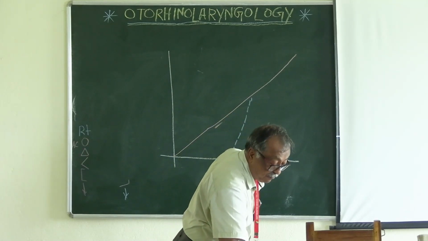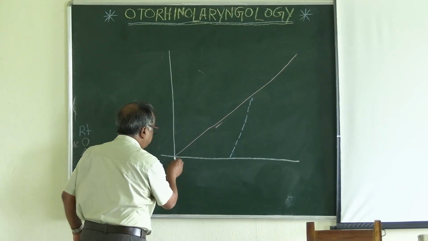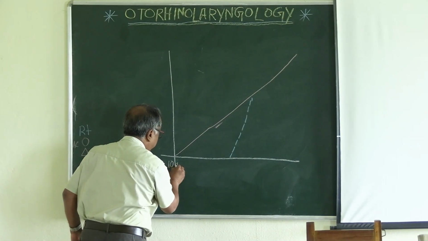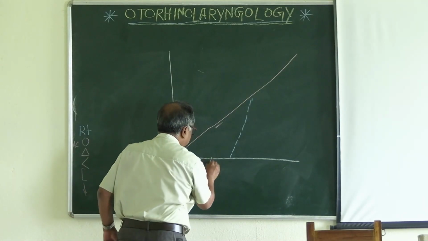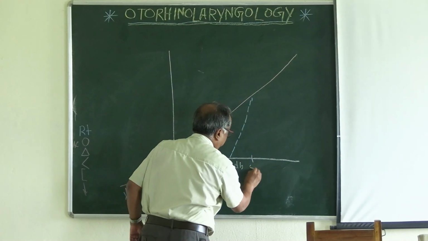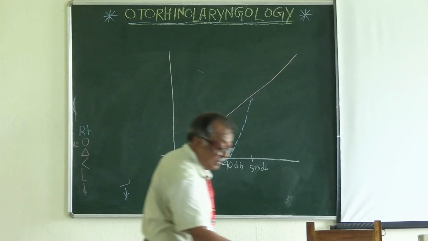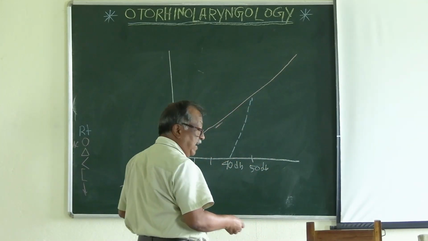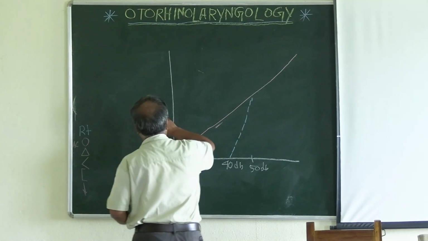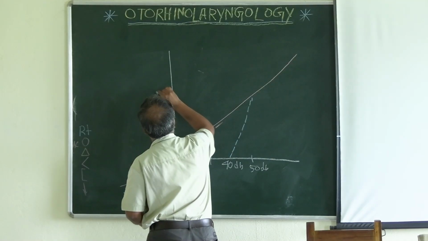This curve is given for the intensity. It is starting from, suppose, 0 decibel, or better to say 10 decibel, and it increases to 40 decibel, then 50 decibel. And this is the loudness. You see, this is the loudness sensation, the loudness feeling.